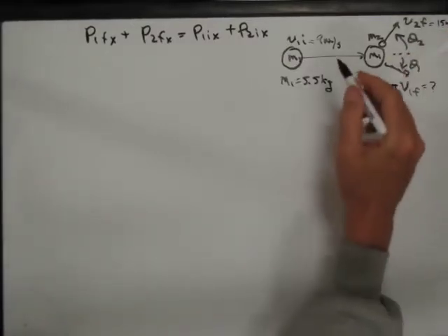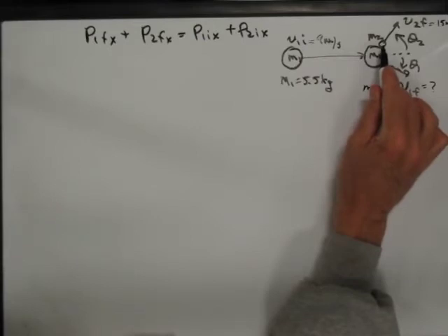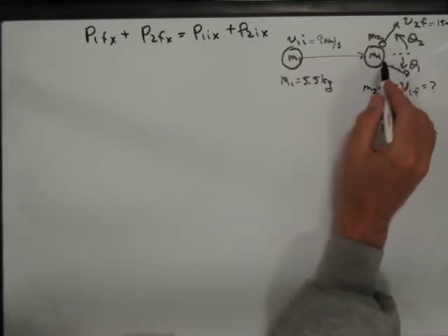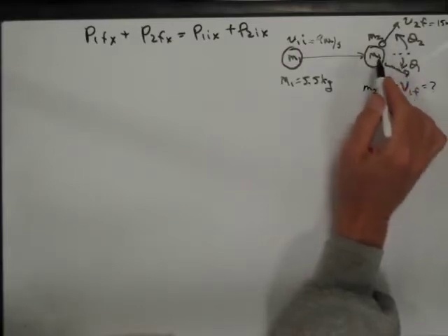And so we're given the initial velocity of the bowling ball, the fact that this guy starts out at rest, the bowling pin starts out at rest. We want to know the magnitude and direction of the two other velocities.